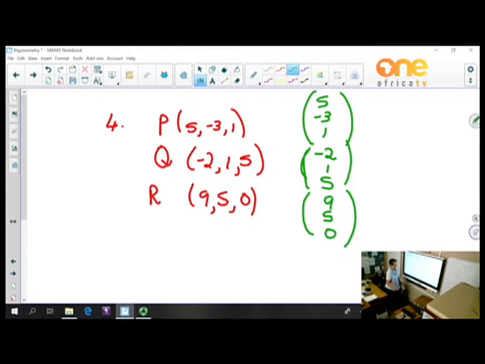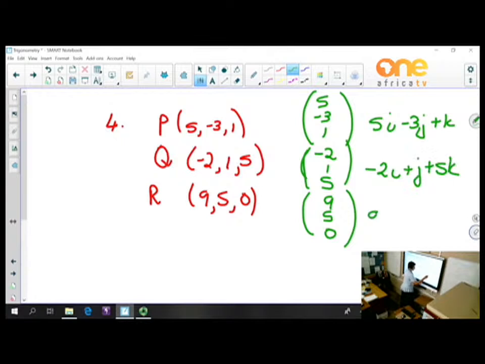I can also change it to base vectors. So this is 5i minus 3j plus k. And this is negative 2i plus j plus 5k. And this one is 9i plus 5j. There is no k, k is 0, so I can omit it.